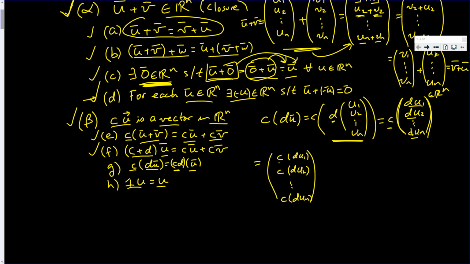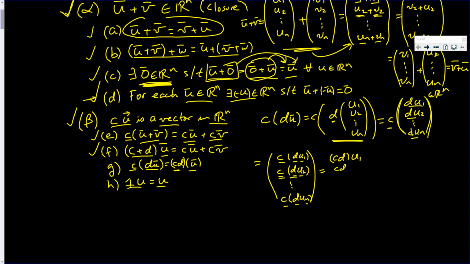But these are all just real numbers being multiplied. So the associative law comes into effect. Instead of multiplying C by DU, I can multiply CD first and multiply that by U1.